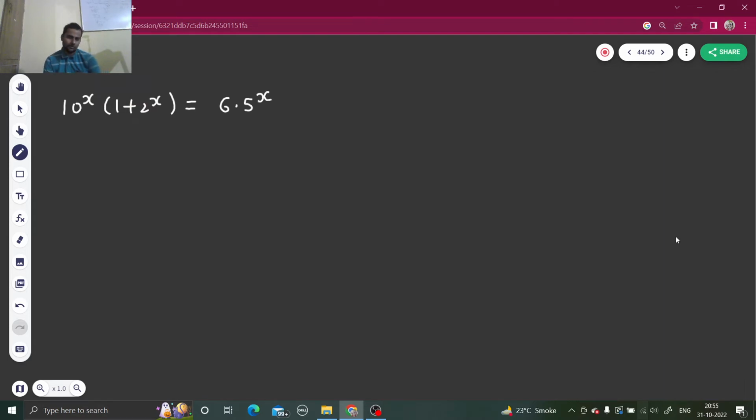Now what can I do? I can use another property, but this time of exponents, because exponents and logarithm are inverse of each other. Let's not use 2, let's use the general formula.